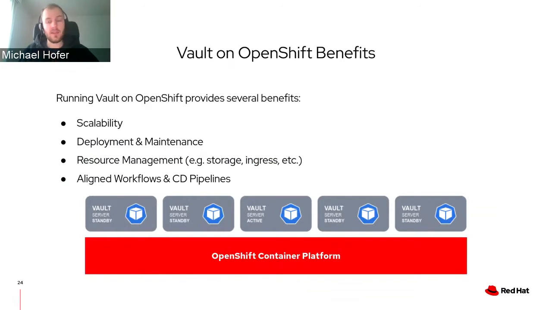Another important benefit you get is the deployment maintenance part, because you don't need to take care anymore of the underlying operating system. You can really focus on working with Vault and using its core capabilities.